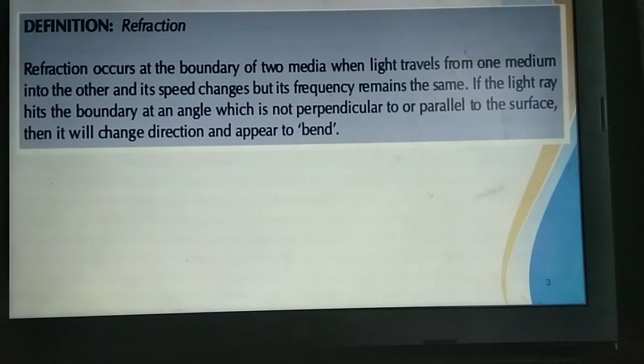So perpendicular means 90 degrees and parallel is to the surface. Then in that case we are going to have the light changing direction, and it will appear in a bent way, like you can see it will appear to change, and it will be bent. Instead of working like in a reflection, it will be different.